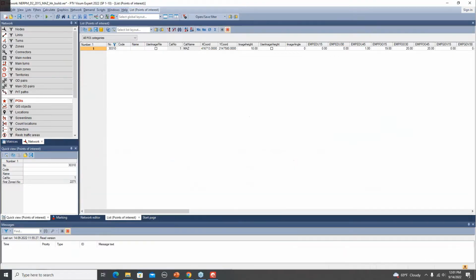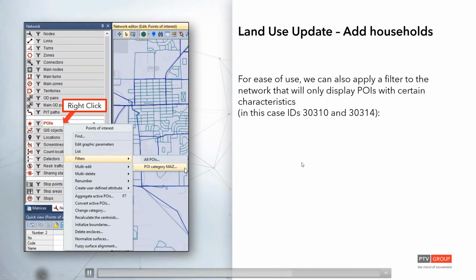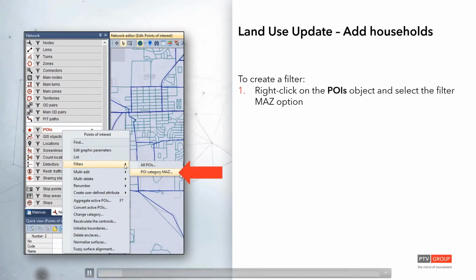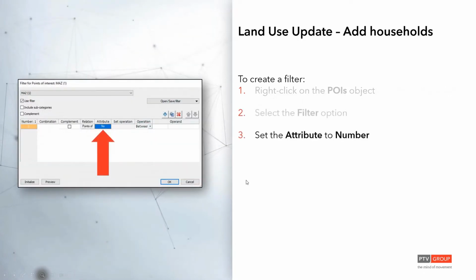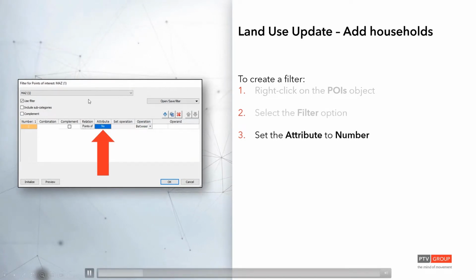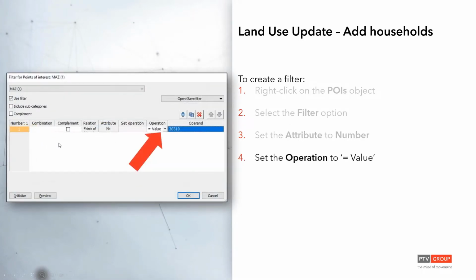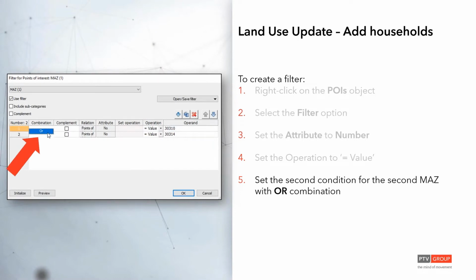All right, so let's create a filter. Once you go to the filter menu, and then you select that you want to create a filter on POI category MAZ, it would show this filter GUI where you can create filters by combining different conditions. So we will try to create a filter such that it selects both the zones.